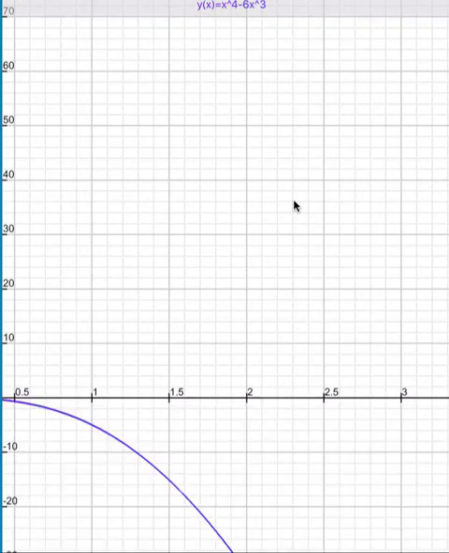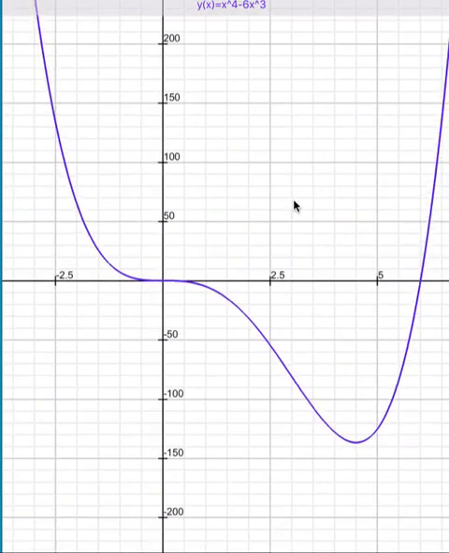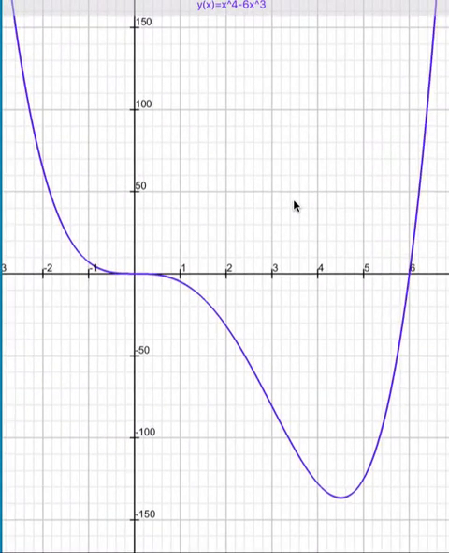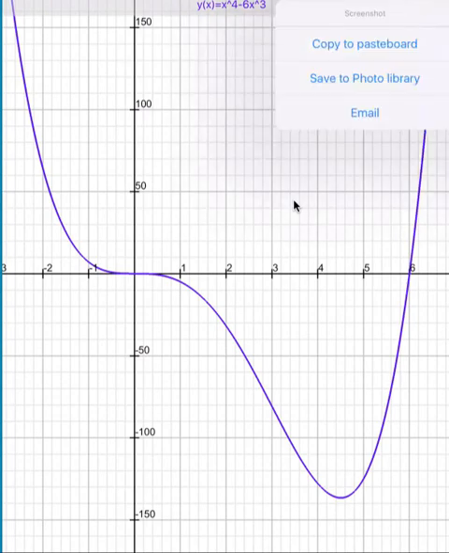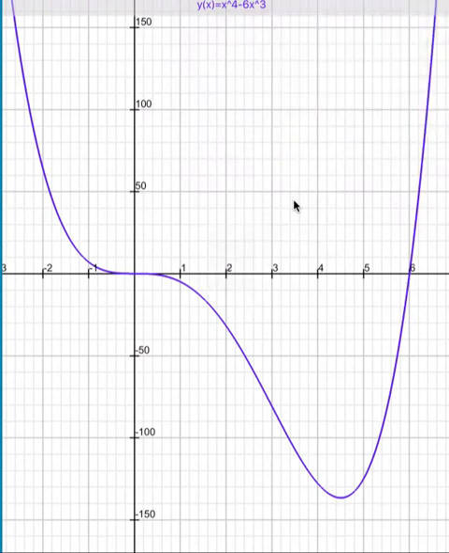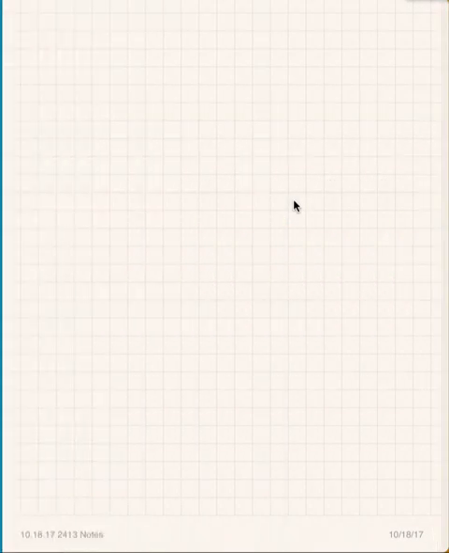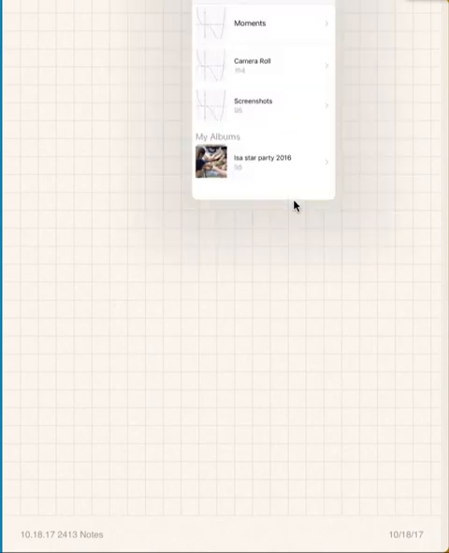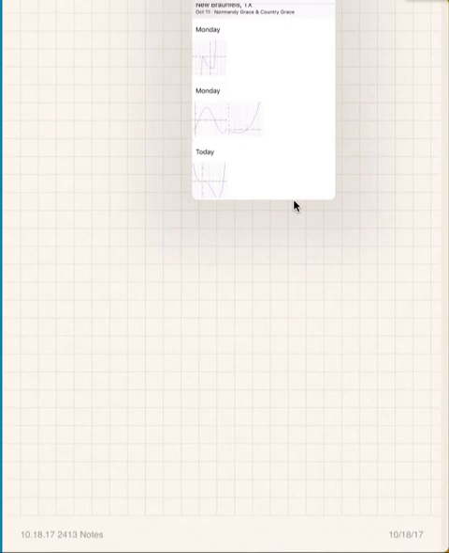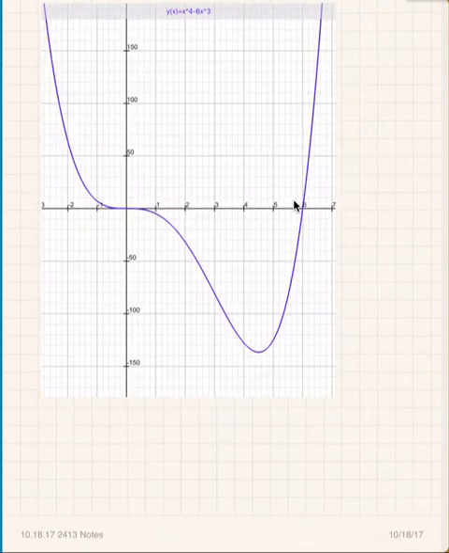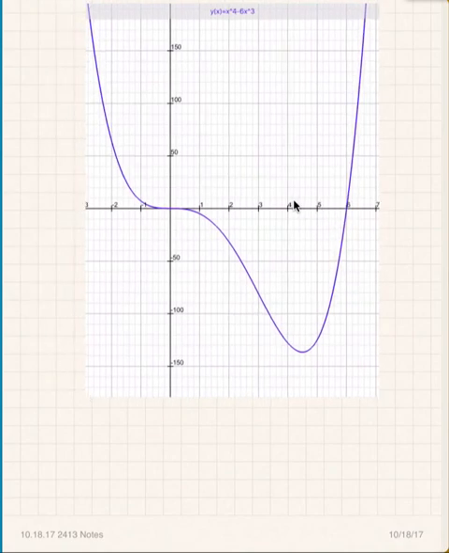I'm looking at that graph, and you're definitely going to have to do some zooming and whatnot here. So we get a graph that looks like this one right here. I'm going to go ahead and take a picture of that. And then I'm going to go back to my picture here, pick that picture out of the photos, and there's my graph. I'm going to go ahead and paste that in there.